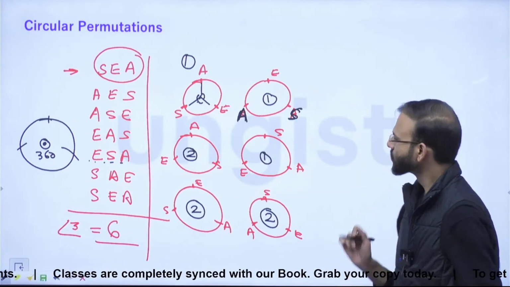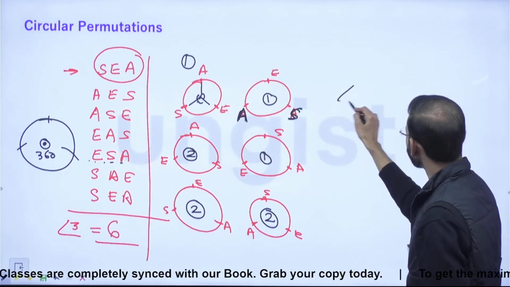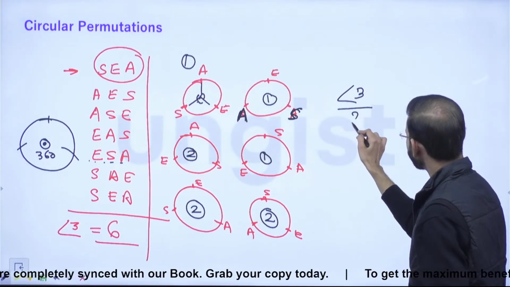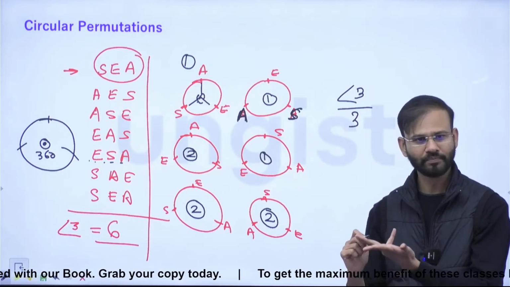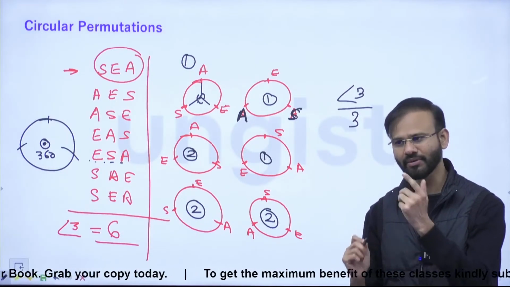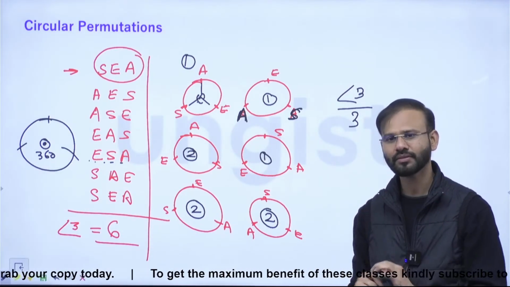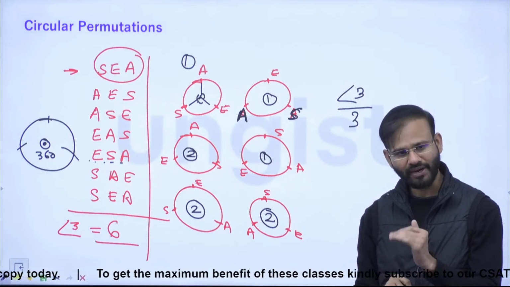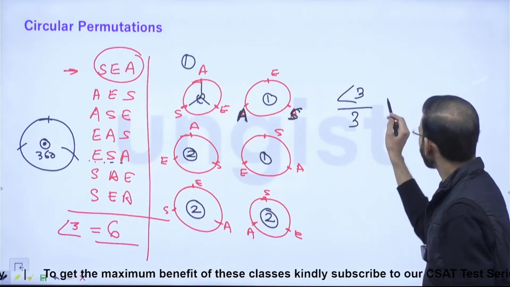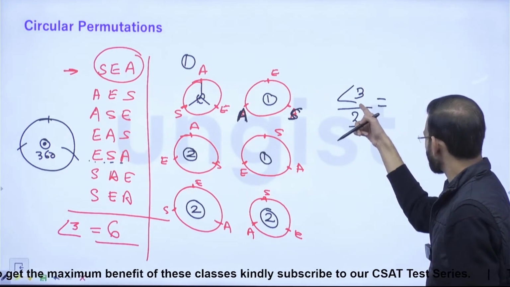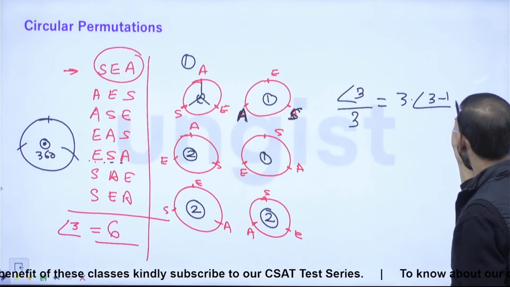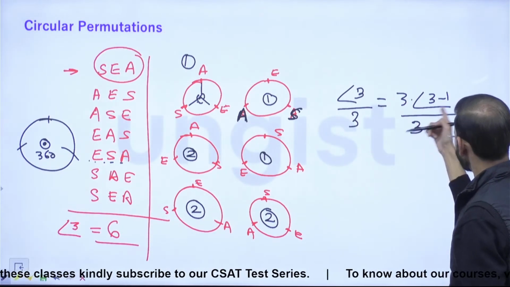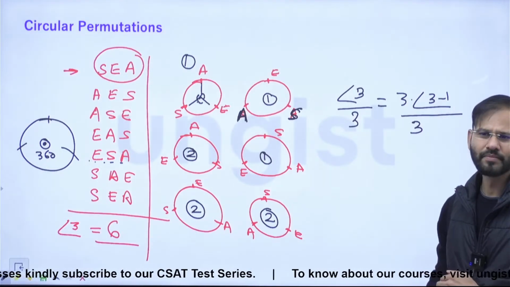So what is actually happening? Factorial 3 divided by 3. 3 arrangements became the same. So 3 will be treated as 1. So factorial 3 divided by 3 will become what? This is 3 into factorial 3 minus 1 divided by 3. Yes or no? That's how it happens, right?